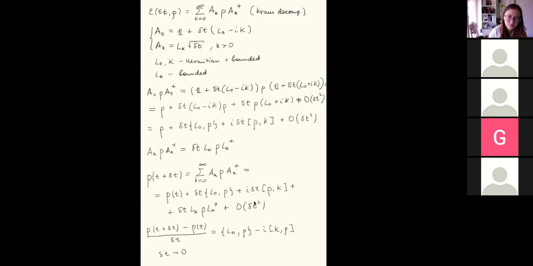I just switch the order of the terms in the commutator because it will be easier to see the analogy in a moment with the previous equation. And plus the leftover stuff. Oh yeah, because I am not very observant, I still need to add here the sum. Okay, and here we have our sum, LK rho LK dagger.